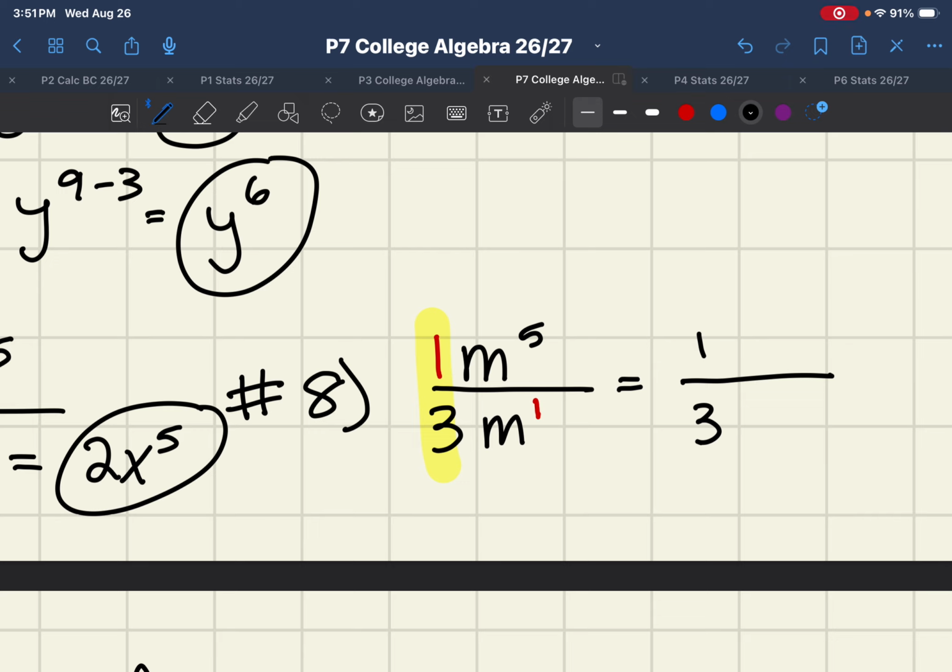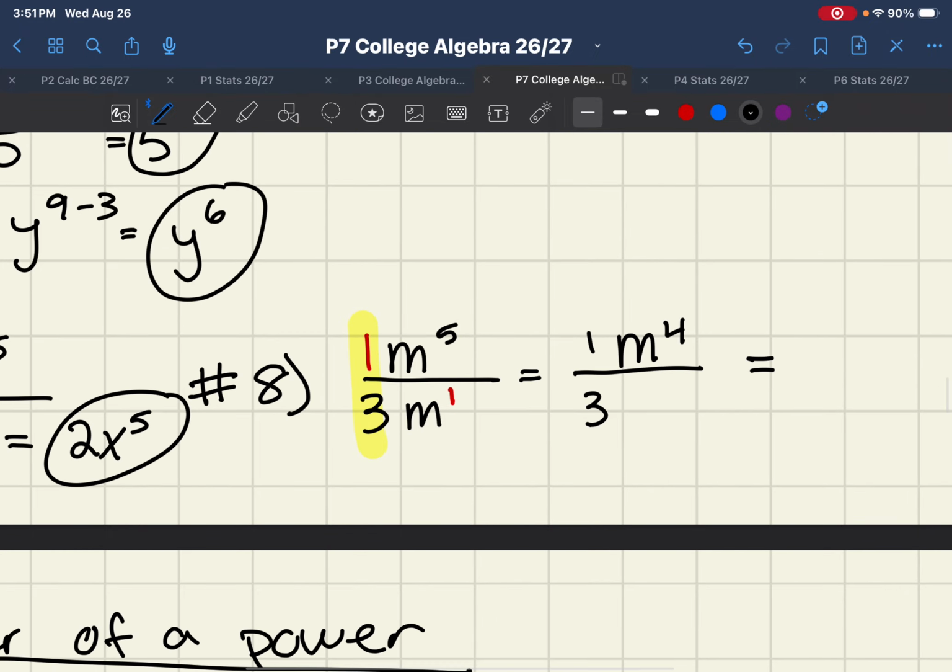No. So I'm just going to carry that over with my fraction bar and don't touch it, okay, because it can't simplify. Now I have m to the 5th power divided by m to the 1st power. So I do m to the power of 5 minus 1, which is m to the 4th power. And since it's positive, it's going to remain on the top. So I can rewrite this as m to the 4th power over 3 because I don't need that 1 in front of the m.